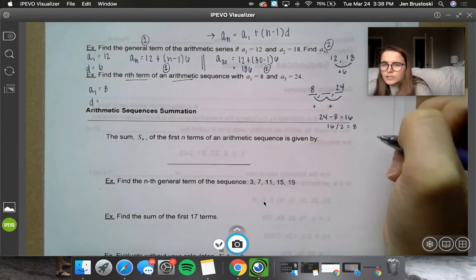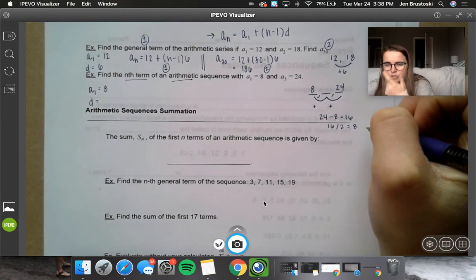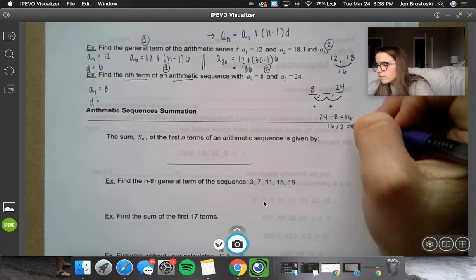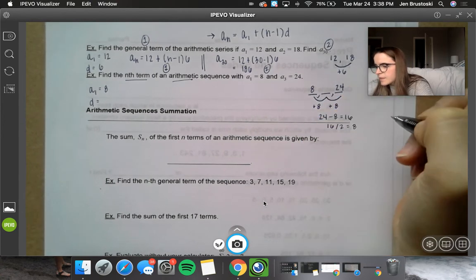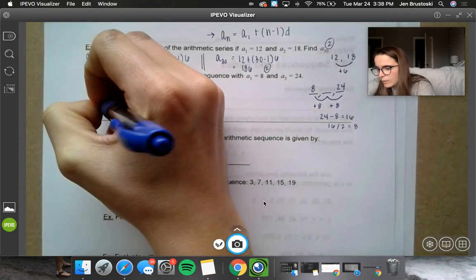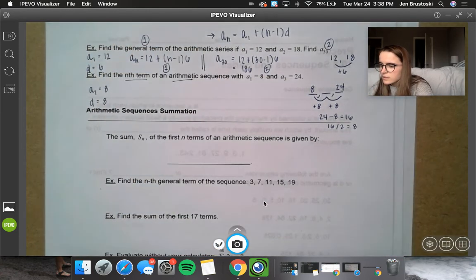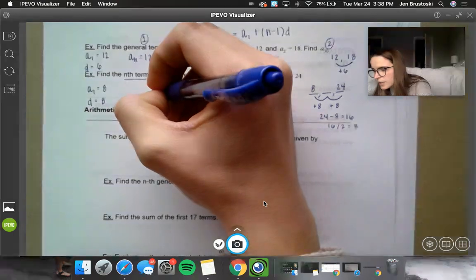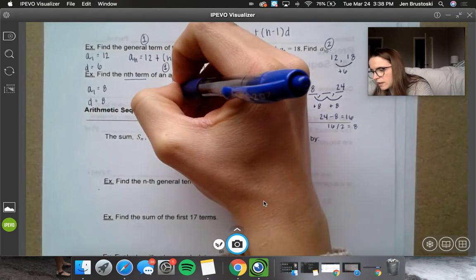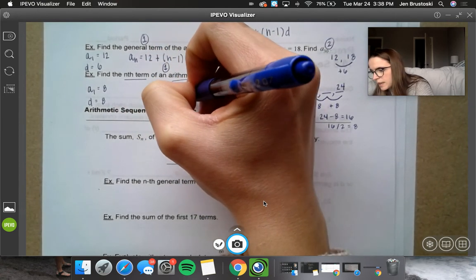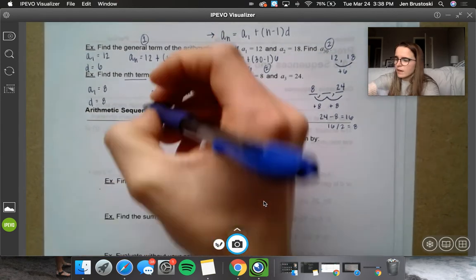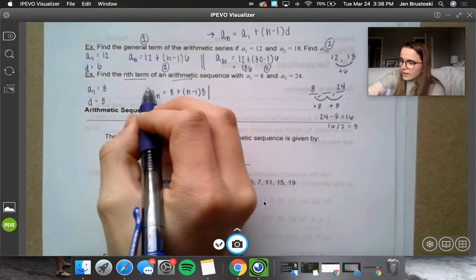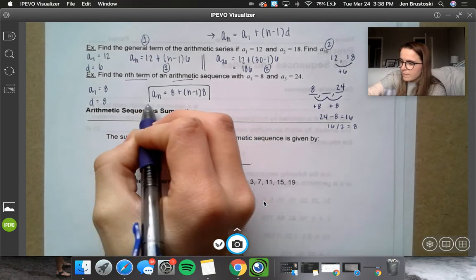So we don't have to show this every time, but this is how we would do the math to show it. So we're adding 8 each time, and so d is equal to 8. We plug this into our big equation. a sub n equals a sub 1 plus n minus 1 times 8. There is how we find our nth term.